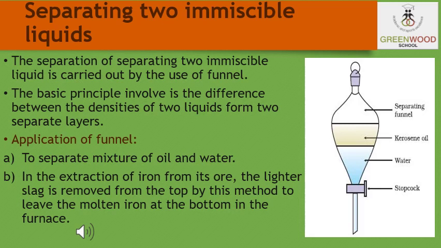If you try to mix oil and water, they cannot be mixed, but if they are put in one glass, you can easily separate the oil from the water. During the extraction of iron from its ore, the lighter slag is removed from the molten iron. For this also we use the separating funnel.